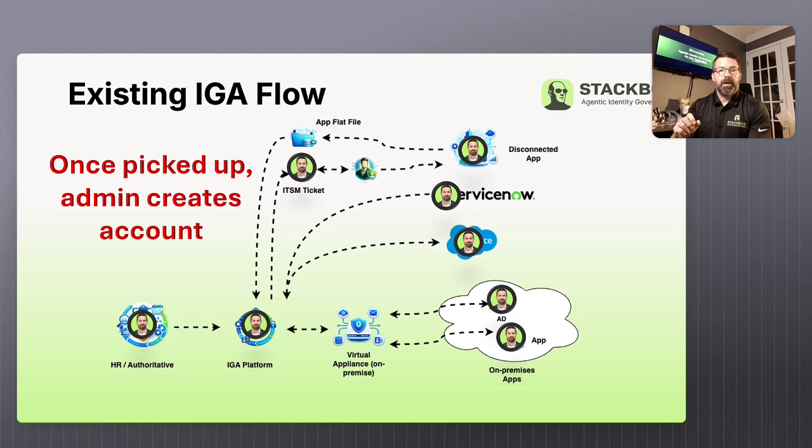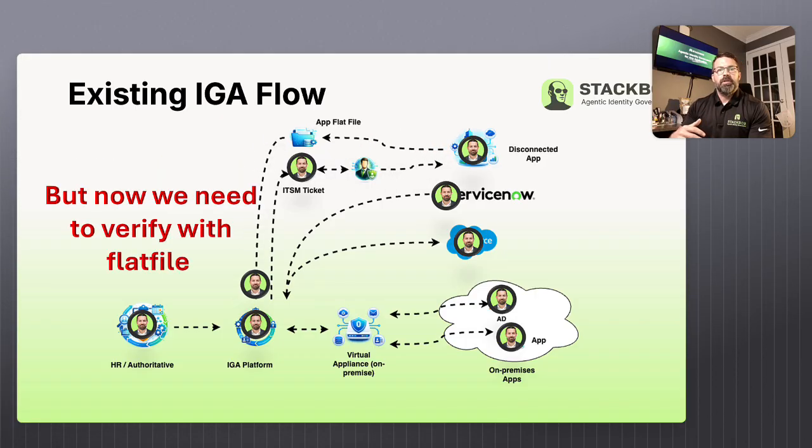The other thing to think about is I've been added to that target application, but the IGA only knows that the ticket's closed. It doesn't actually know that I have access. So what we built over the years is this trust but verify concept, right? I was added. Now we start importing flat files to essentially reconcile all the access that's in the application.